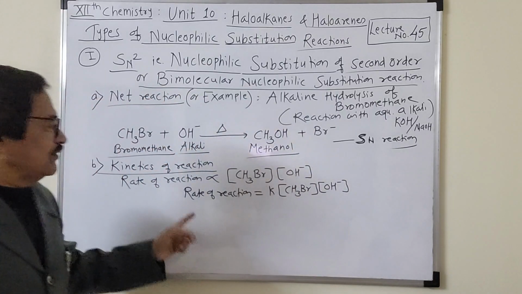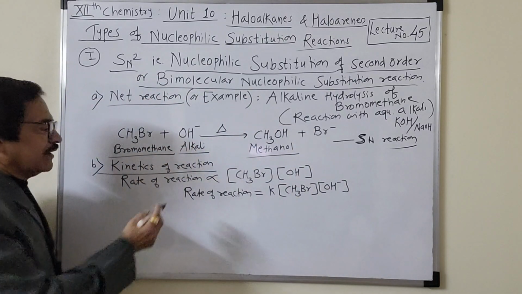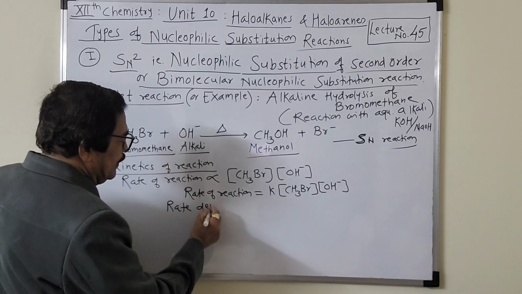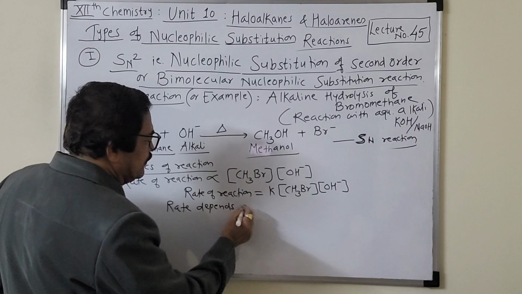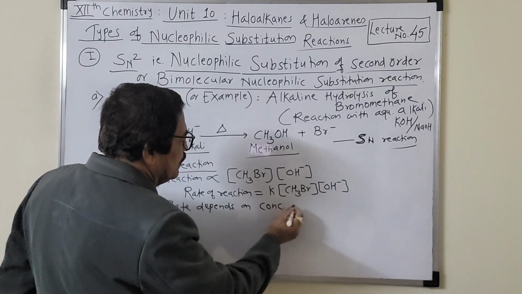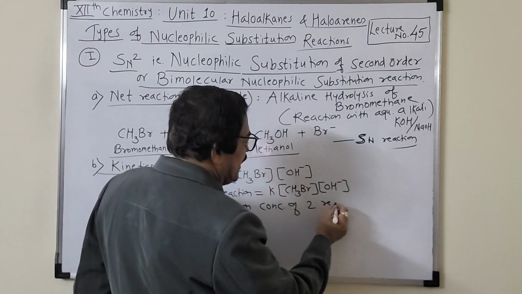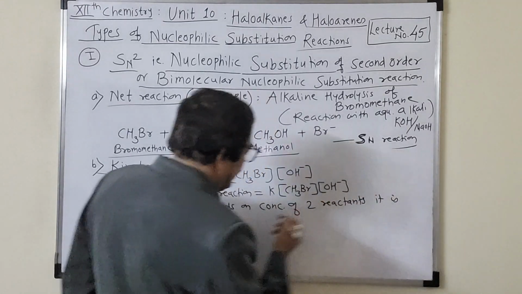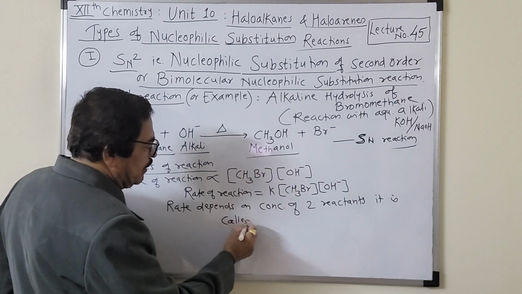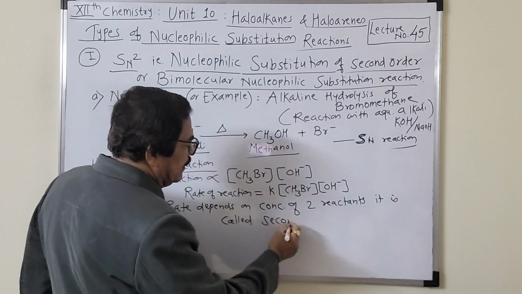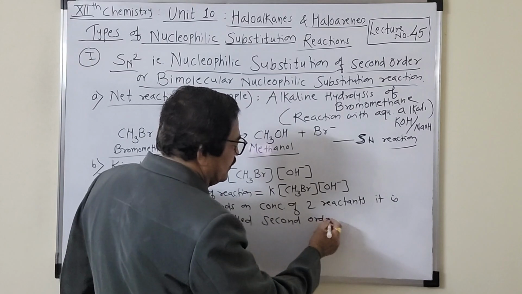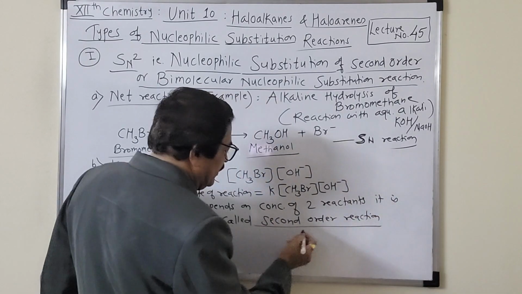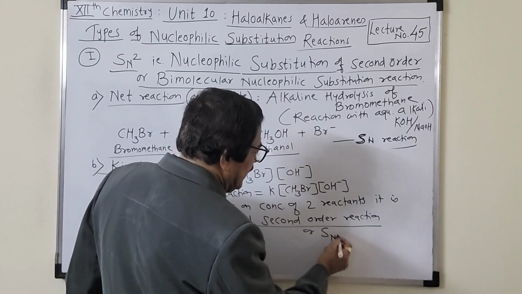Okay. So since the rate is depending on two factors, the rate depends on the concentration of both reactants, two reactants, it is called a second order reaction. That's why it is called as what? Second order reaction. Okay, that is called a second order reaction or SN2 बोलते हैं उसे, SN2.